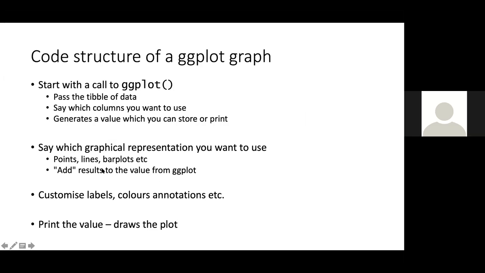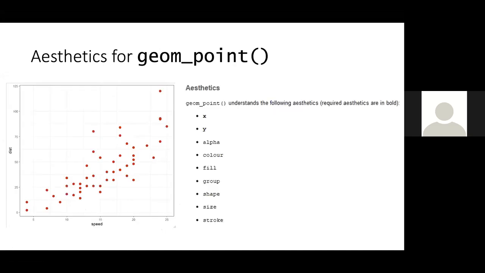For example, if you have a point, line, or bar plot that you may want to represent, or you can also add some results or values on top of the bar plots. And you can also customize the ggplot based on colors, based on labeling, and a number of annotations.